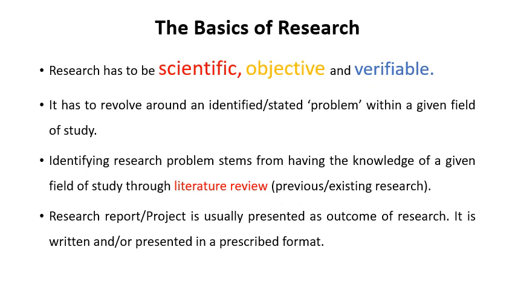Identifying research problems also stems from having a knowledge of what has been done before, like researchers in that field, what have they done before? And when you review such researches, they are actually called literature review. You consider, you look, you scrutinize, you peruse the researches that exist before yours.